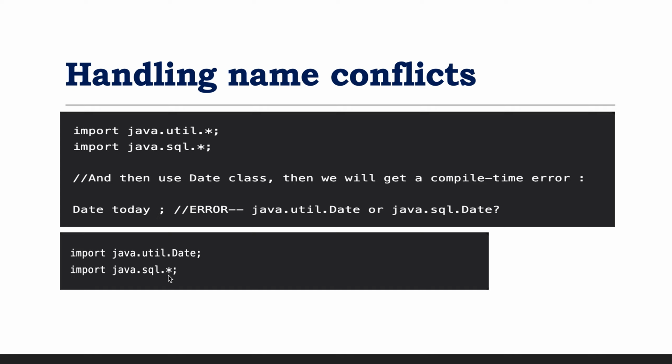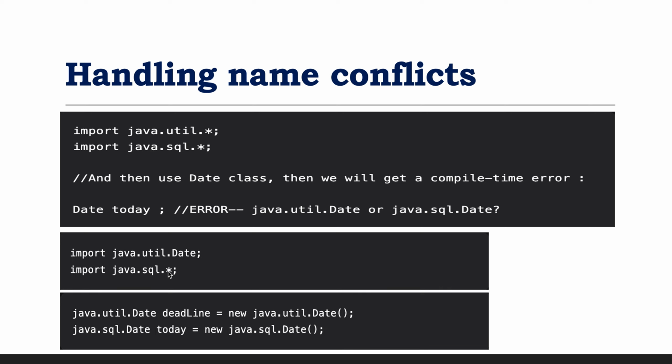And let's say you want to use some functionality from the other package also, so you can define it like this. Instead of defining it in the import statement, Java also lets you give the fully qualified name at the time of defining the variable. You can write java.util.Date deadline = new java.util.Date, which means this class is going to be used from the util package.